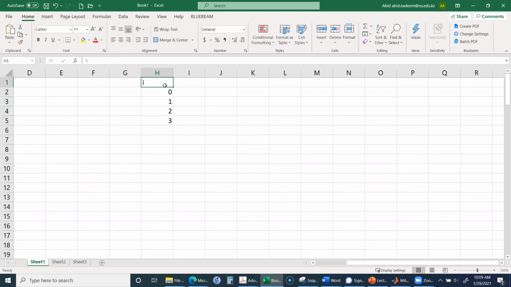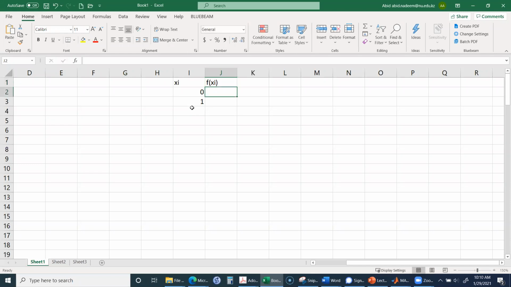And the values of xi were, first we took the value of xi was 0, then was 1, and then we need to calculate the f of xi.